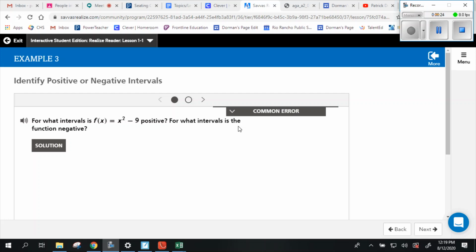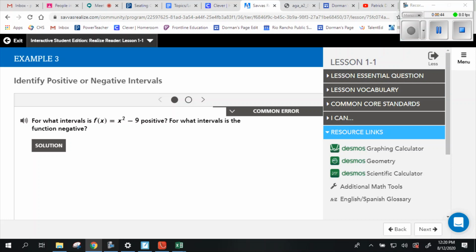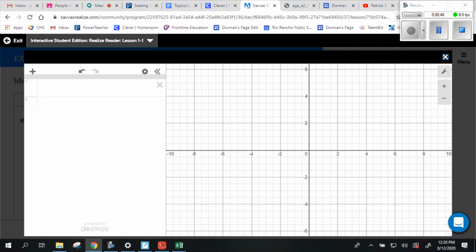So for any part of the function that is above the x-axis, that function is positive. Below, negative. Actually, let's go ahead and look at x squared minus 9 using our Desmos calculator that comes with our book. And let's go ahead and graph this. Let's see what I'm talking about here. We're going to graph x.